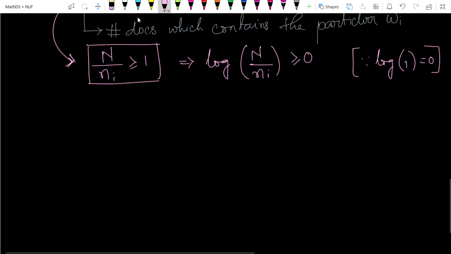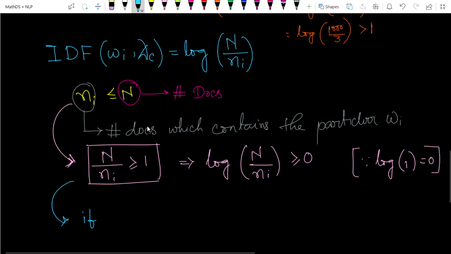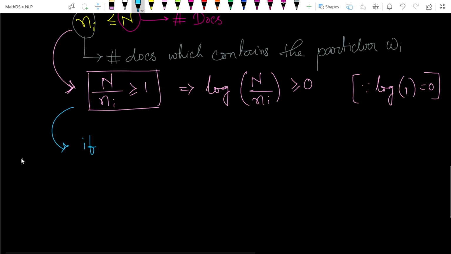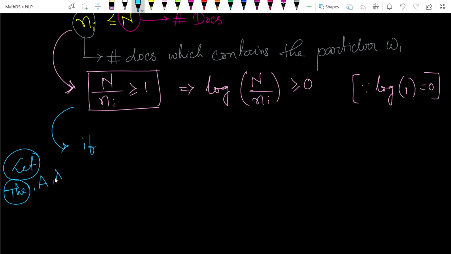Now there is another property also. It will be better if we take an example. Suppose the word we have considered is a most frequent word like the, a, and, each.